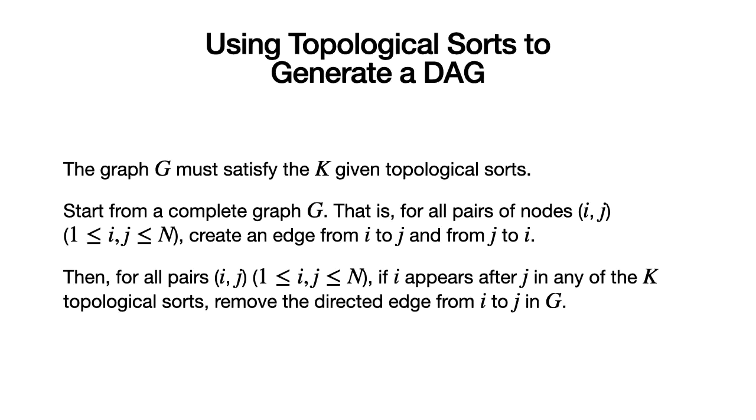Let's see how we can use topological sorts to generate a directed acyclic graph. The graph G that we're generating must satisfy the k given topological sorts.